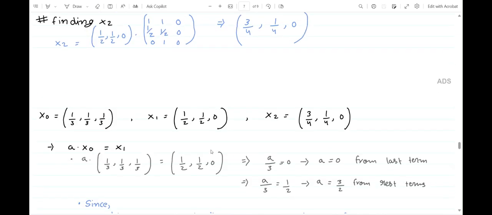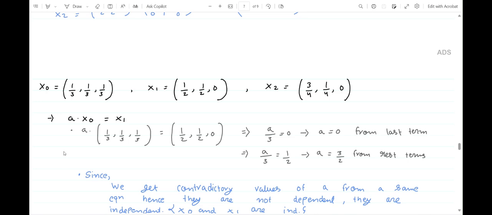Now we will check the dependency between x naught and x1 first. If x naught and x1 are dependent on each other, then they must be scalar multiples of each other, meaning that a times x naught should be equal to x1. So a times 1/3, 1/3, 1/3 is equal to 1/2, 1/2, and 0. From the very last term, we find that a/3 equals 0, which basically says that a is equal to 0.